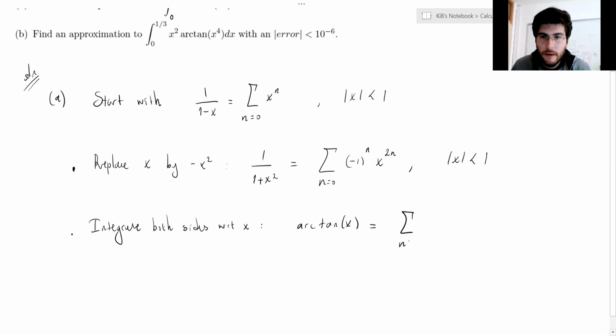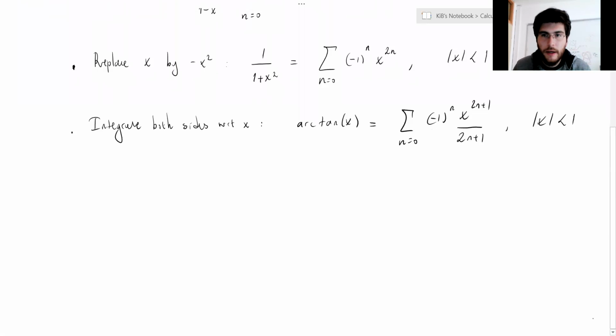And on the right-hand side, if you integrate minus 1 to the n, x to the 2n, you get x to the 2n plus 1 divided by 2n plus 1. So we have a similar thing here. And we are almost done. Remember, we need x to the 4 inside, and we have x squared in front of this arctangent.